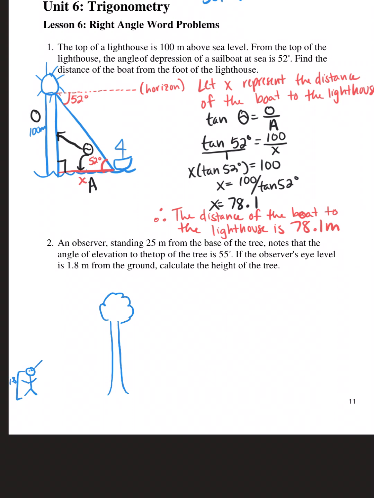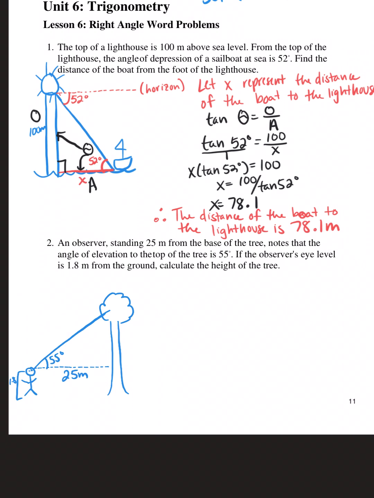From there to the top of the tree is the angle of elevation, which again, we need to make that horizontal line that's parallel to the ground, right? So our angle of elevation is going to be 55 degrees. And it says that the observer is standing 25 meters from the base of the tree, okay?